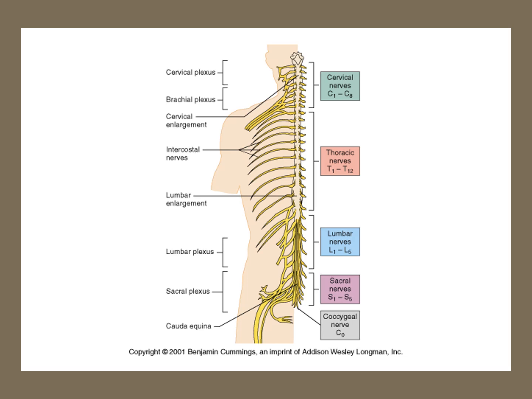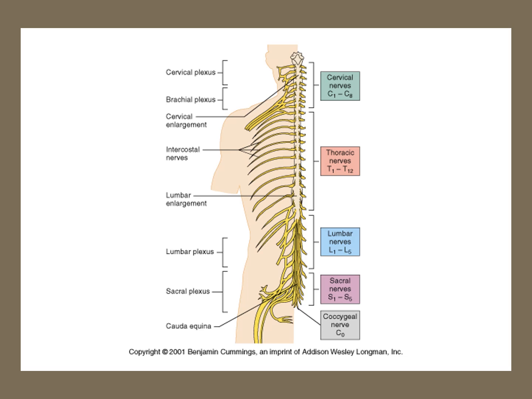So this is just a great picture breaking down all the different spinal nerves. On the right-hand side, it shows you the different regions of the nerves coming off of the vertebral column. And then on the left-hand side, you have a breakdown of the plexuses, the enlargements, and the intercostal nerves.